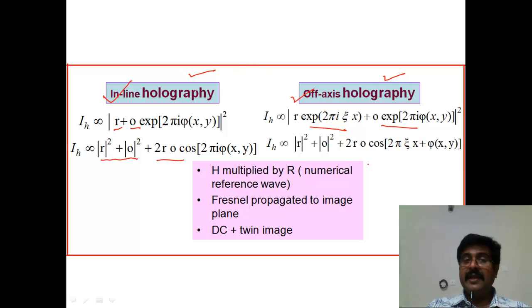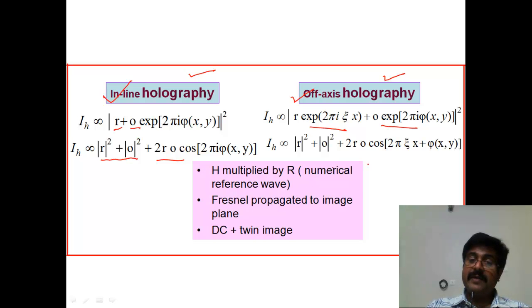In summary, in inline digital holography, there is no angle between the object wave and reference wave when they interfere. But in off-axis holography, there is a small offset angle between them. Whether it is inline or off-axis, the reconstruction process is something like this.